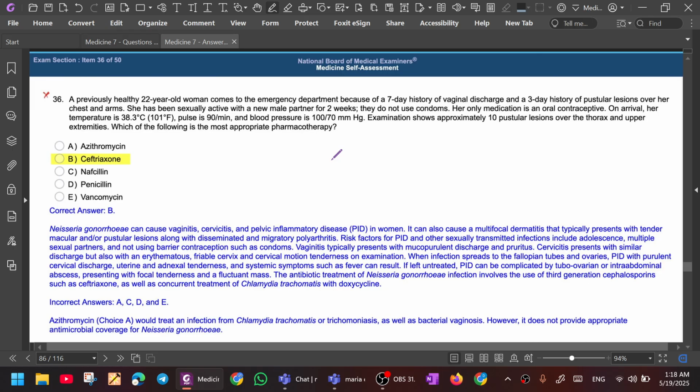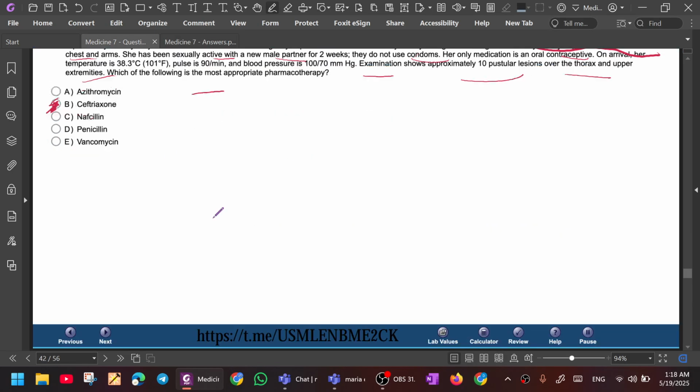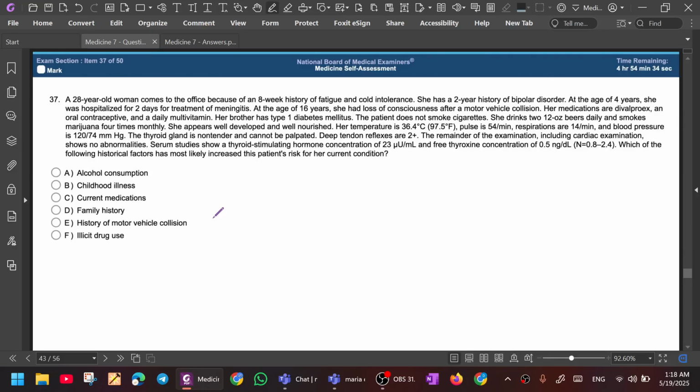Okay, next. 28-year-old woman comes to the office because of an 8-week history of fatigue and cold intolerance. She has a 2-year history of bipolar disorder. At the age of 4 years, she was hospitalized for 2 days for treatment of meningitis. At the age of 16, she had loss of consciousness after a motor vehicle accident.